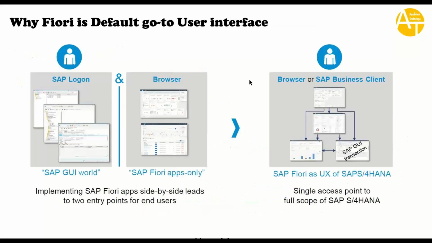Now, why is it like that? Why is Fiori the default go-to interface? What is the main reason, if somebody asks you why SAP said that? Let's take an example of our user. The user is logging in using SAP Logon, SAP GUI, accessing the sales order transaction. On the other side, the user is accessing, let's say, one or two Fiori apps.